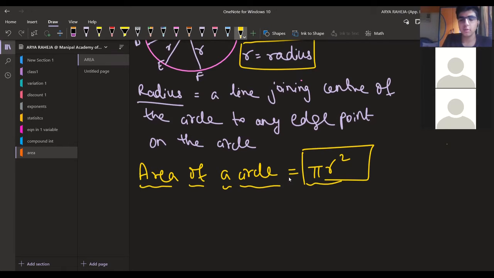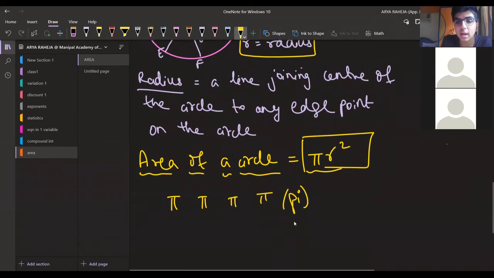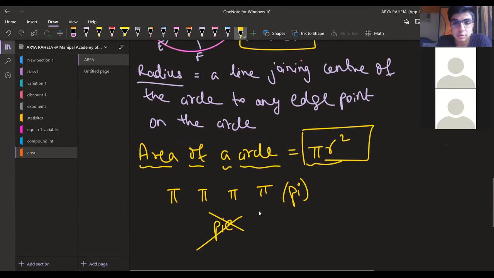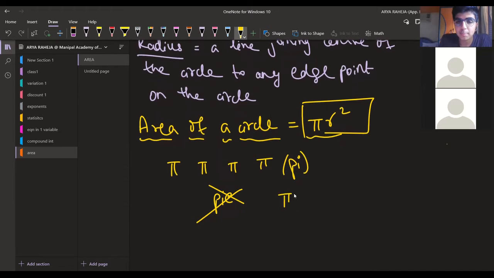So बस ये लिख लो, area of a circle, pi ऐसे लिखते हैं, और इसको ऐसे लिखते हैं पी आई. ये वाला पाई नहीं, वो इंग्लिश में पाई होता है ना, this is not that pie. This is pi, मैथ्स का पाई. Now the value of pi is equal to 22/7.